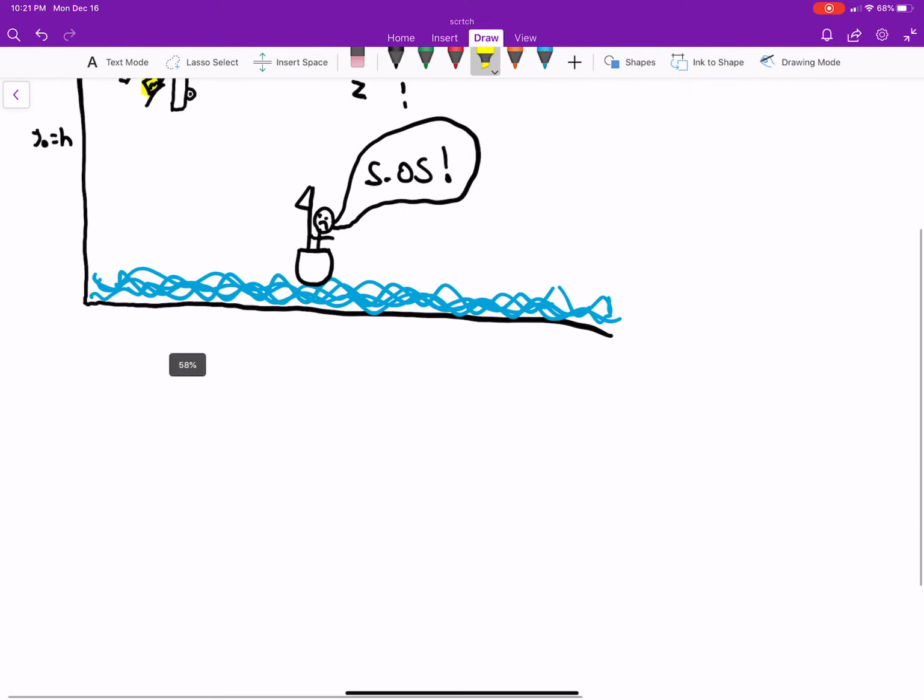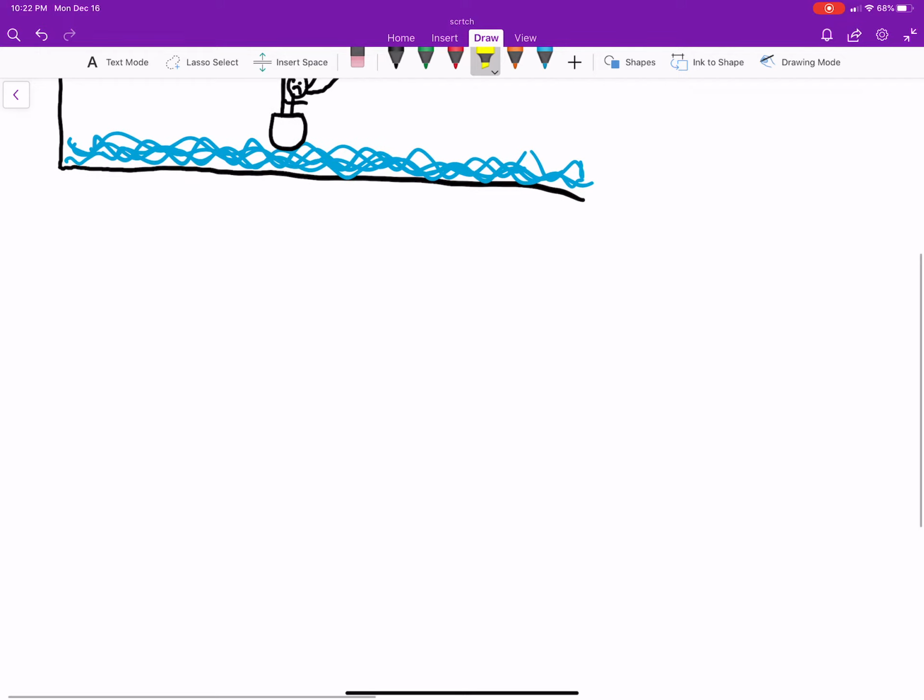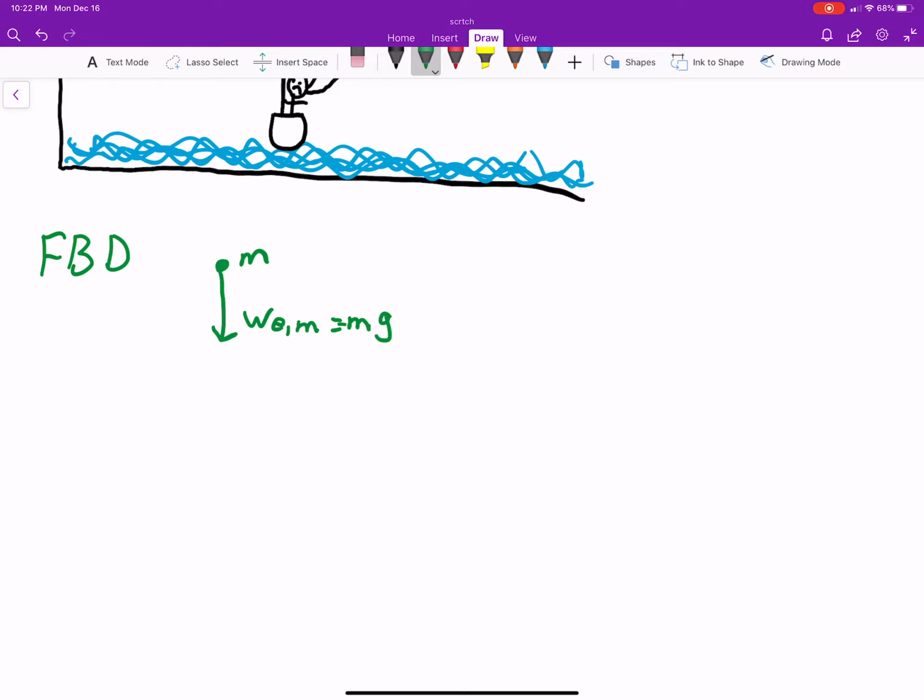So, okay, cool. Let's start with a free body diagram. Just a look of our crate. Well, the crate, which we're calling just M, is going to experience a weight force exerted by the Earth onto the mass, which is equal to just negative mass times gravity because of the way we defined our coordinate system.